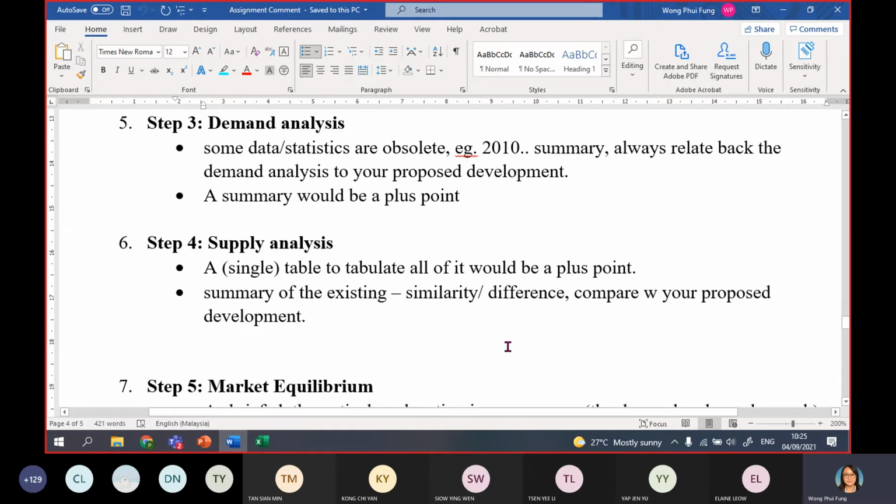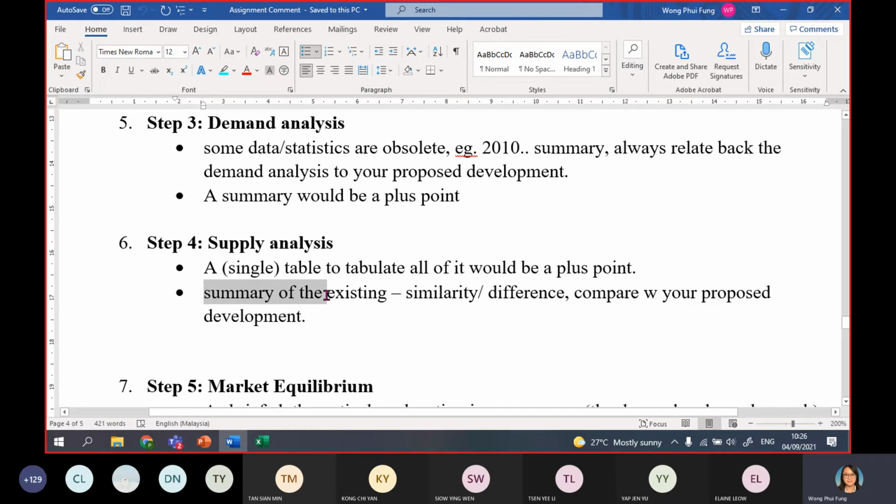Rather than existing supply, you got 10 tables, and some of the tables are very long. Some more, I cannot see the overview. If you tabulate separately, it's very difficult to see. So try to simplify it a bit. If you can tabulate in one table, then that will be a good point.